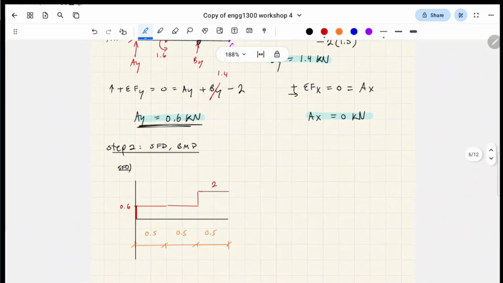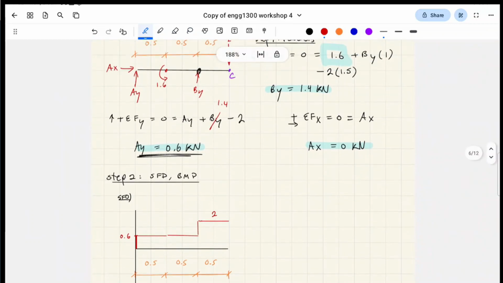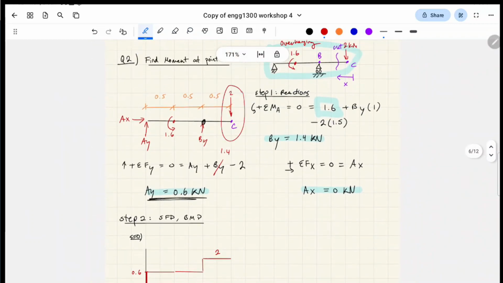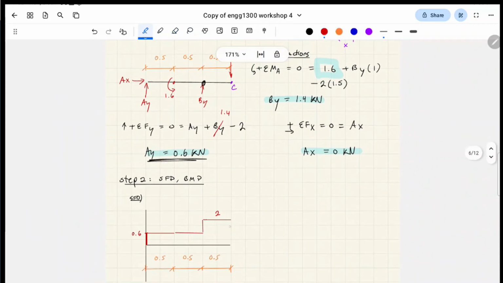So 0.6 plus 1.4 is 2, right? And then we have that point load, which acts downwards, and that causes it to go back down like that. So it kind of looks like that. If I draw arrows, you can draw arrows if you want. It's just like following a little line, going left to right.